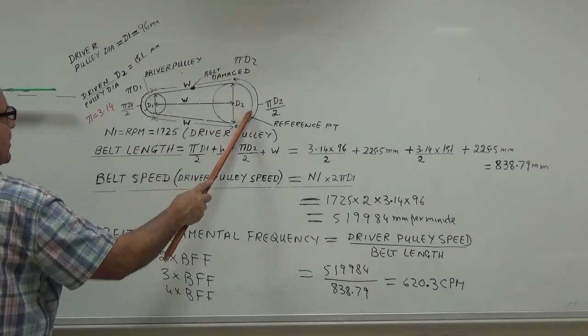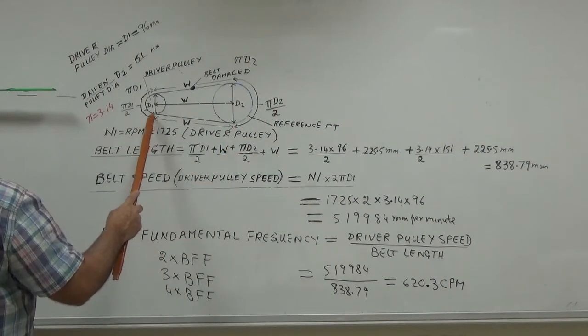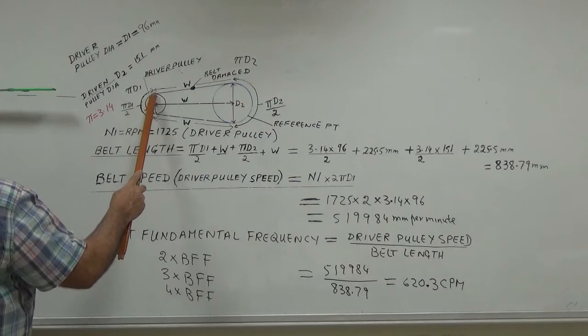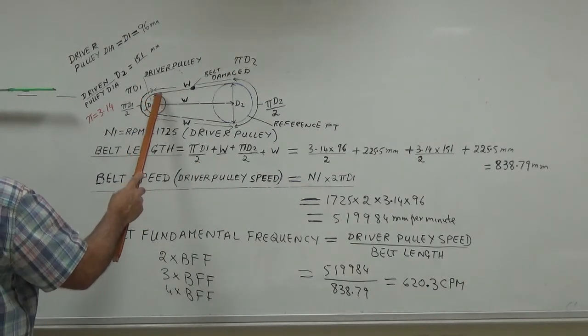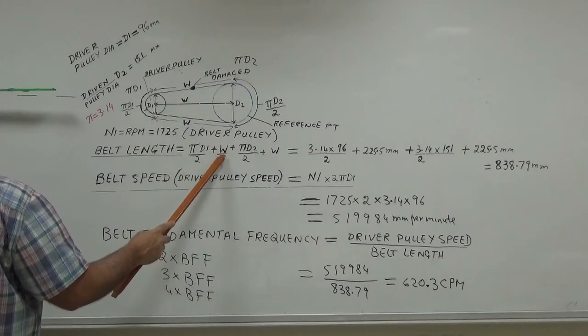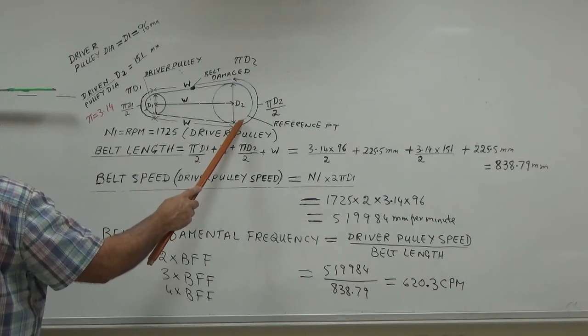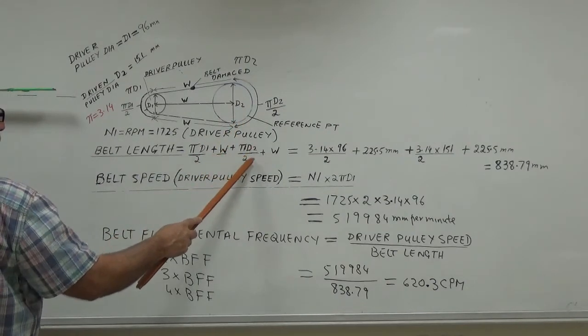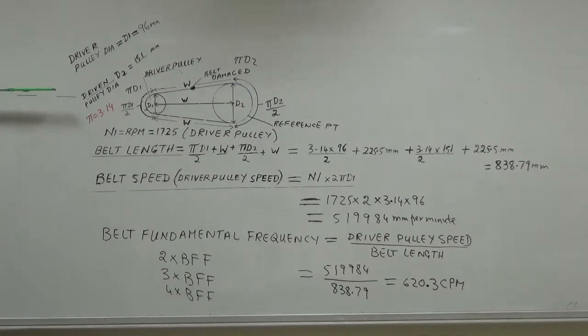From here to here is pi d2 over 2. So pi d1 over 2 plus W, then plus pi d2 over 2 plus W will be the total length of the belt.